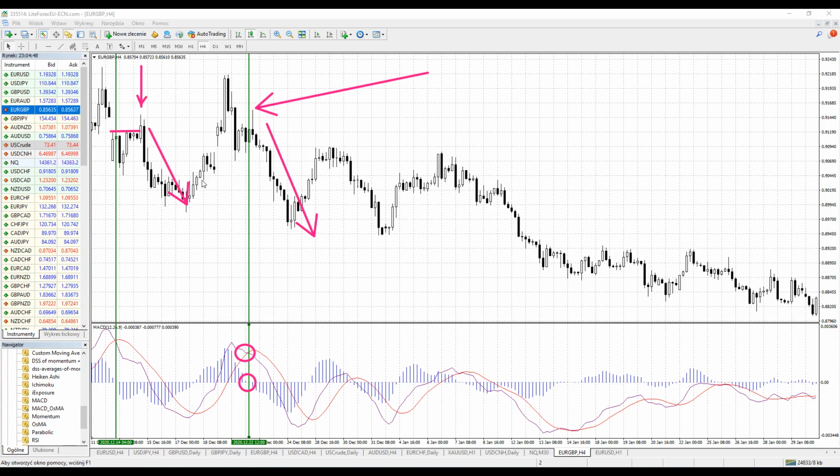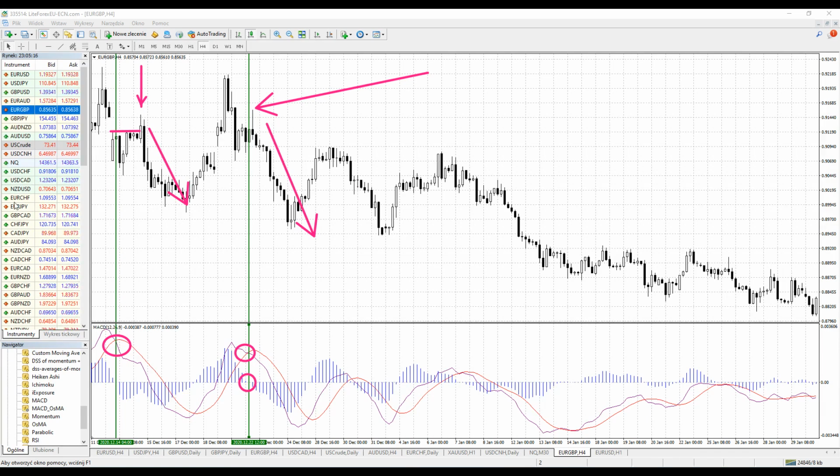So again, it was possible to be stopped out when the decision was made purely on the cross. That's the proof that trading blindly, following just the crosses, might not be profitable.